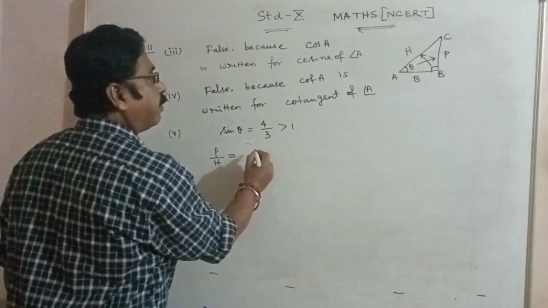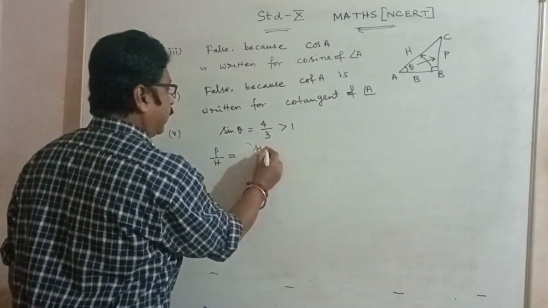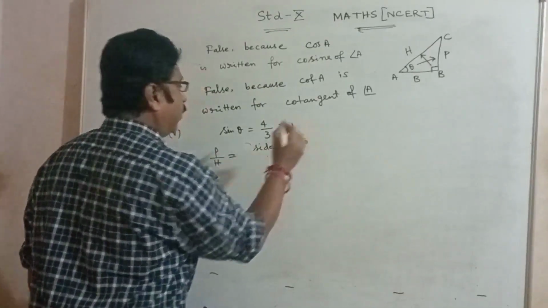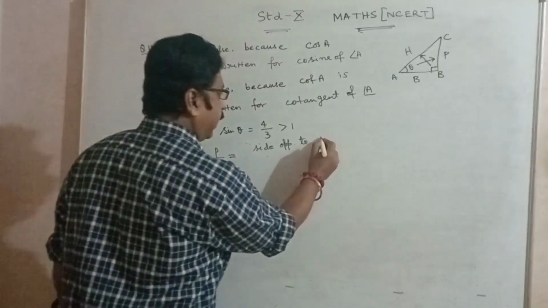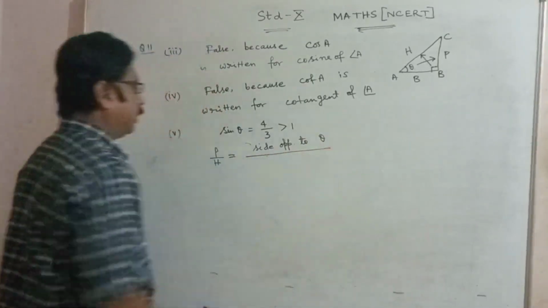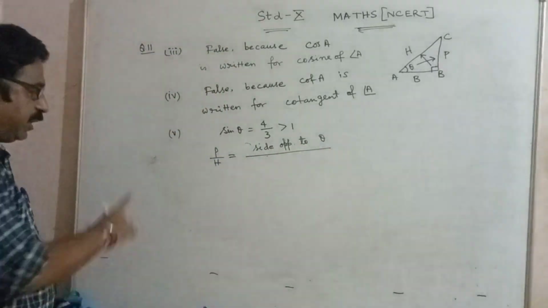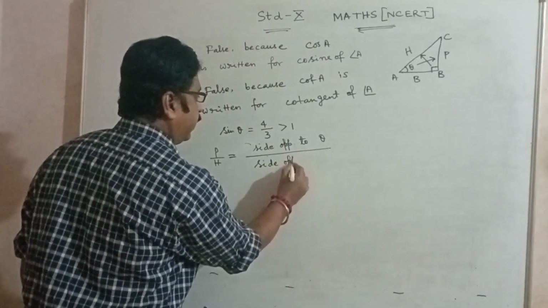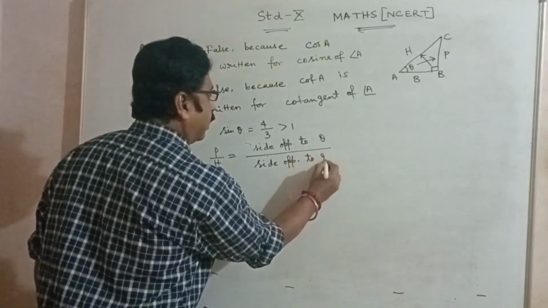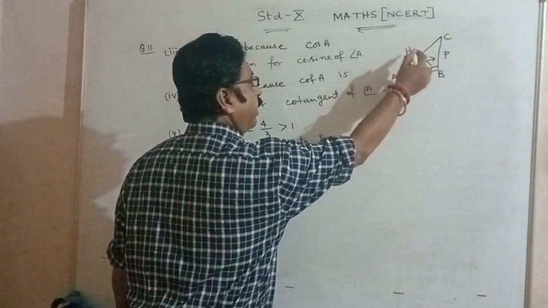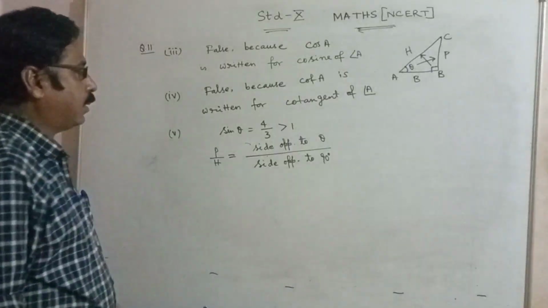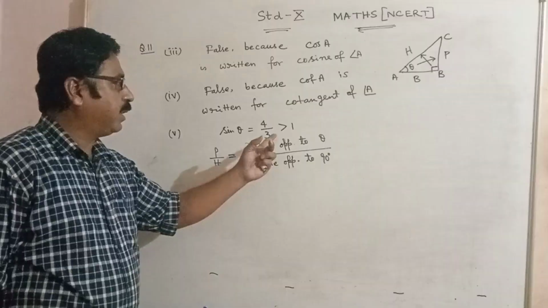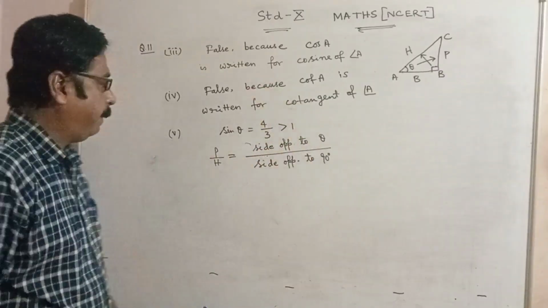Perpendicular means side opposite to the given acute angle theta, and hypotenuse is the side opposite to 90 degree, it is AC.